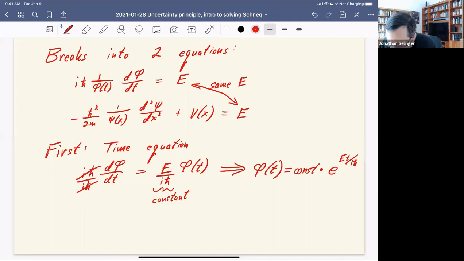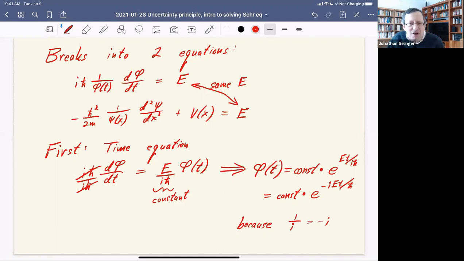Or this might be more commonly written as a constant times the exponential of minus i E time over h bar, because 1 over i is equal to negative i. Okay, well, this is pretty good.